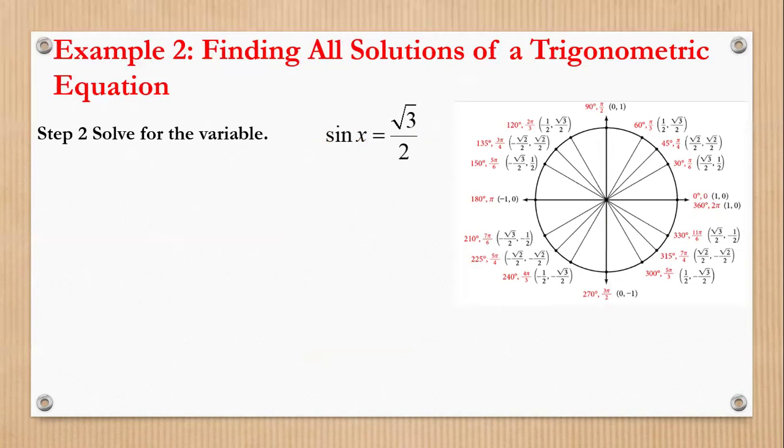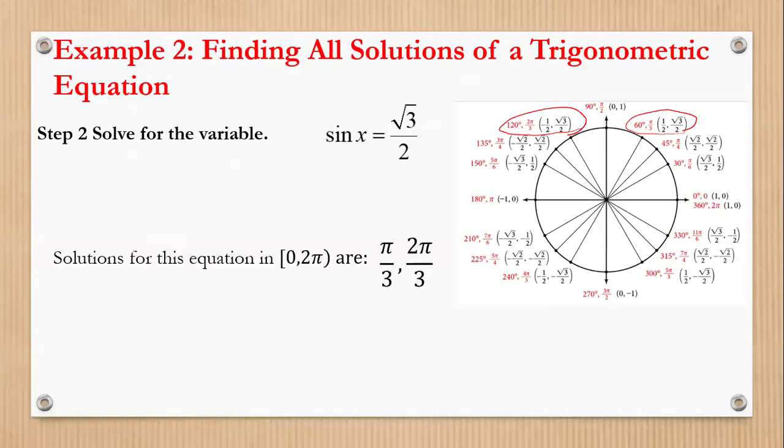The y value of which point or points is root 3 over 2? The y value of this point is positive root 3 over 2. That's only these 2 points. So x can be pi over 3 or 2 pi over 3.